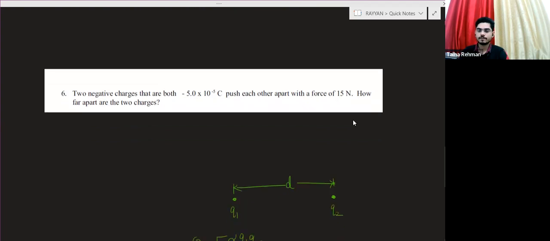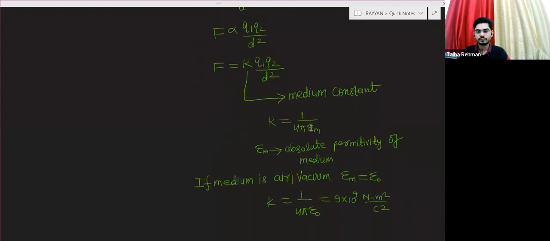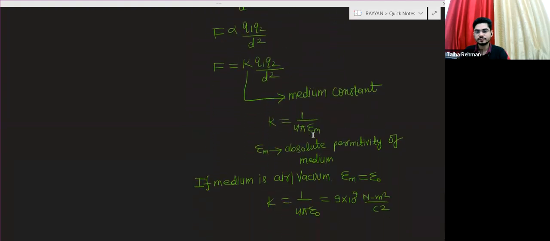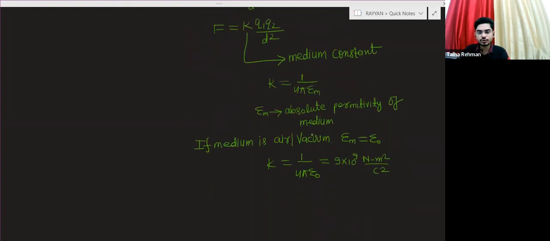If you want to write it down, you can write that this epsilon 0 is known as the absolute permittivity of free space, or of air; free space means vacuum.